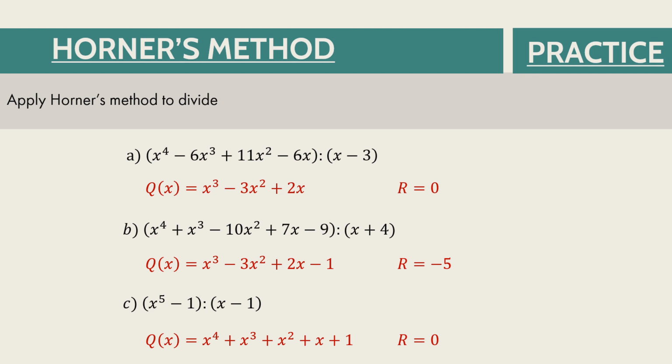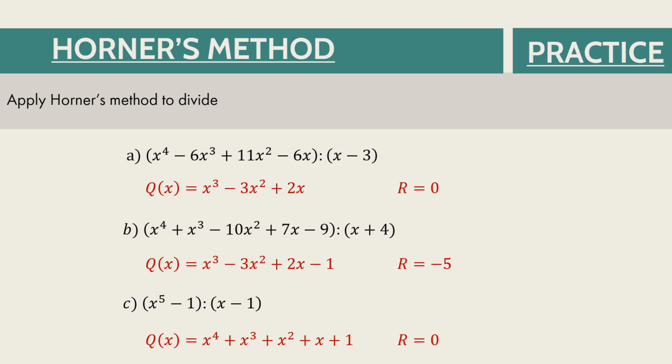And the final quotient is x to the power of 4 plus x to the power of 3 plus x to the power of 2 plus x plus 1. Interesting, right? Remember this calculation. You will meet this calculation again a lot in the future, I think.